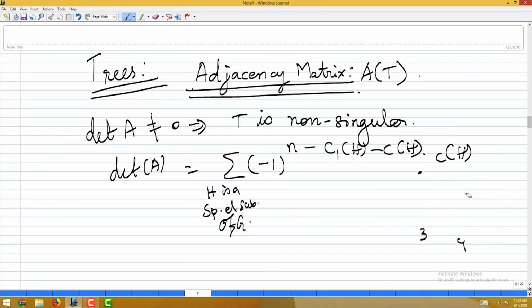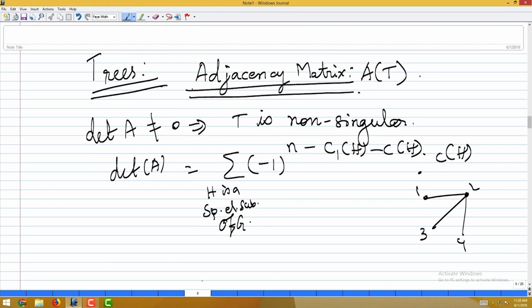I can get an elementary subgraph, say 1 2 is an edge, or 2 3, or 2 4, they are all elementary subgraphs, but do they span my graph? We are talking about a spanning subgraph here, a collection of components. So, what should be there in that case? Yes, a perfect matching. If we have a perfect matching, then we can say that our T is non-singular.